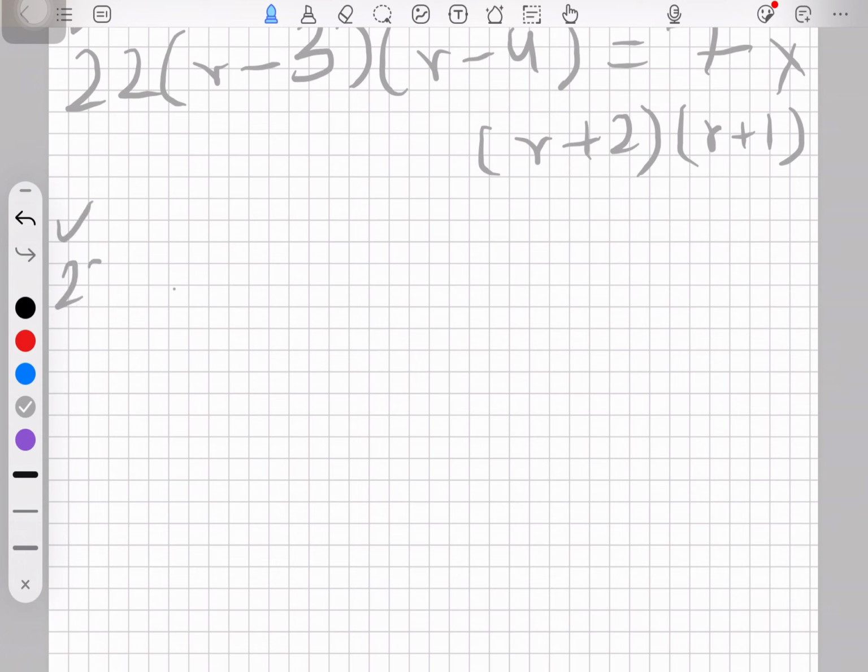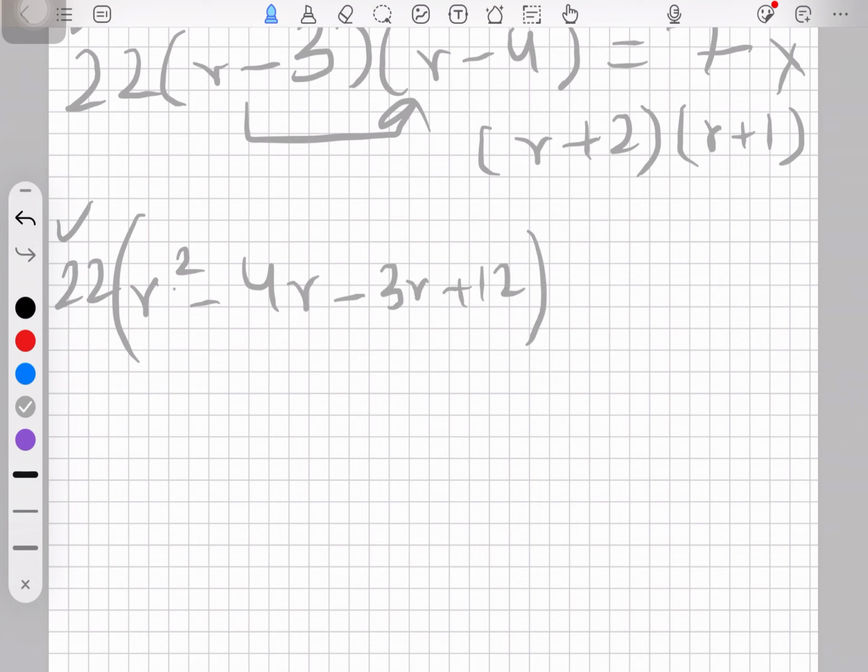What we get is 22 times (r square minus 4r minus 3r plus 12) is equal to 7 times (r square plus r plus 2 plus 2r).